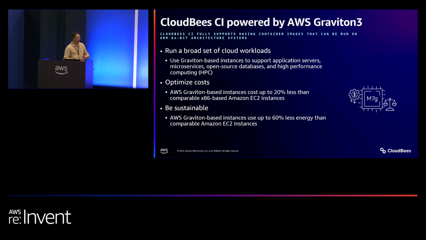And so, as we can see, that makes it a very sustainable solution. They can cost up to 20% less than your regular AMD-based processors, and then they are very sustainable with up to 60% less energy than some other comparable EC2 instances that are more general purpose, right?